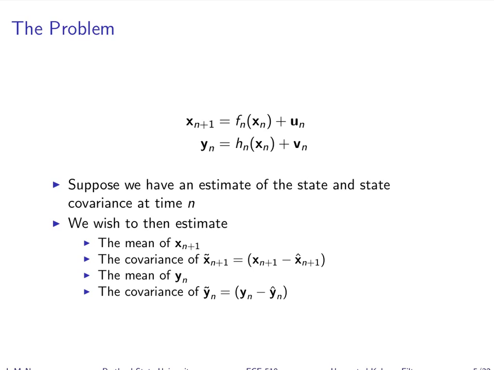And the things that we're going to be trying to estimate are the mean of the state, the covariance of the estimate, and the mean of the measurement. This is a little bit weird. I should have said the prediction of the measurement and the covariance of that difference. So these are essentially the same things we did with the Kalman filter.